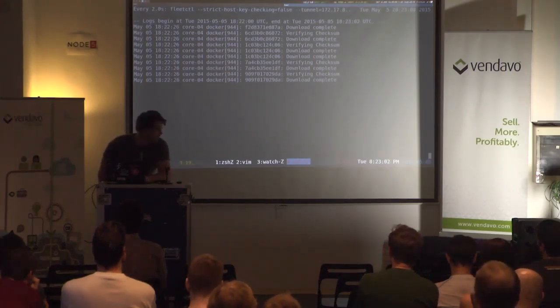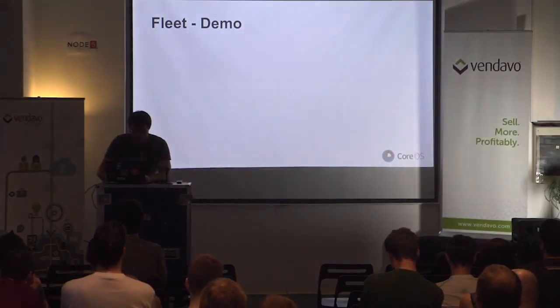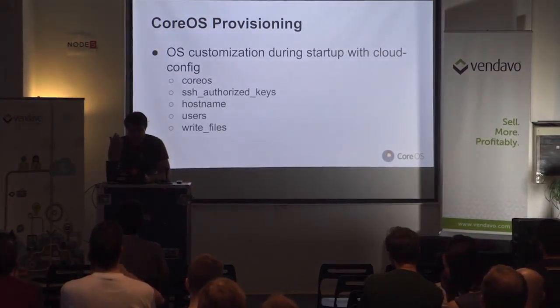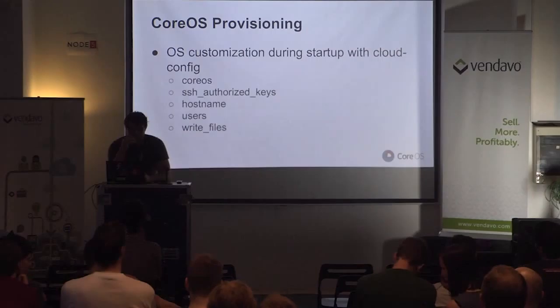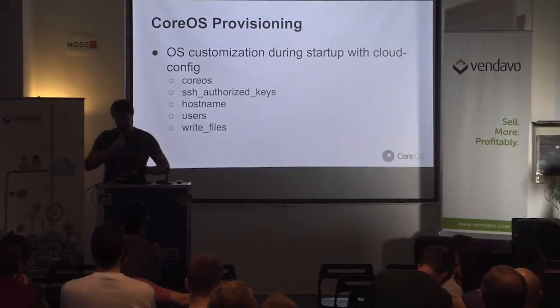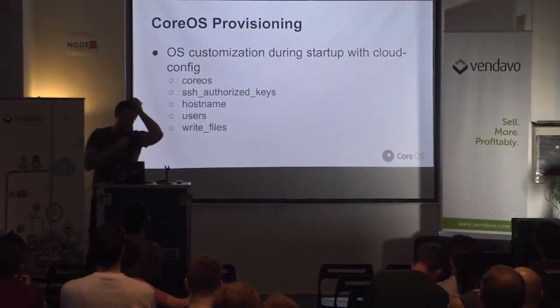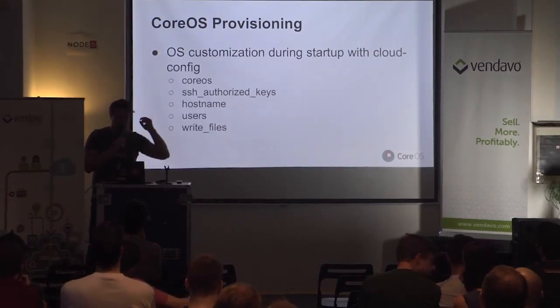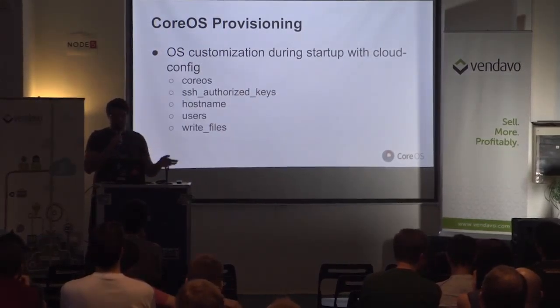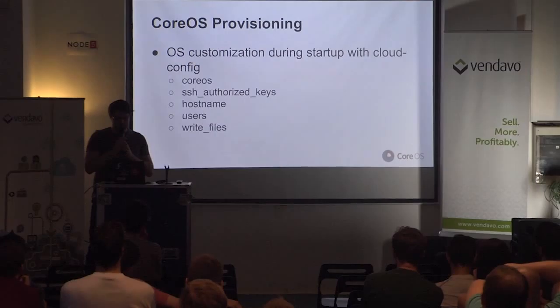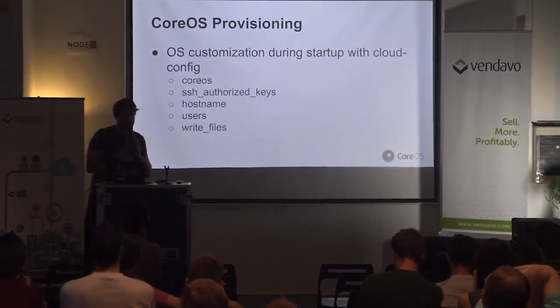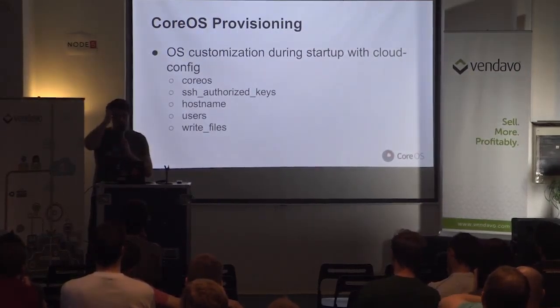So yeah, I've got 8 minutes, so I'll try to tell you something more about the provisioning, because you get a new node, and you might like it to be the same, but you might like a different same than other people do. Yeah. So I don't know if any one of you, or probably most of you, are using EC2 Amazon, and you get a term called cloud-init or cloud config.